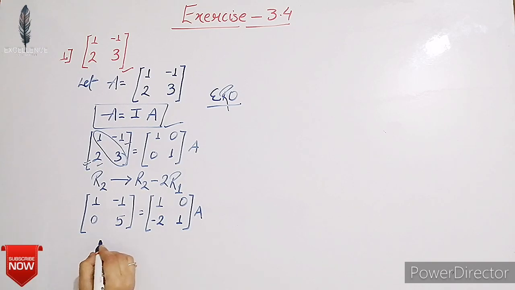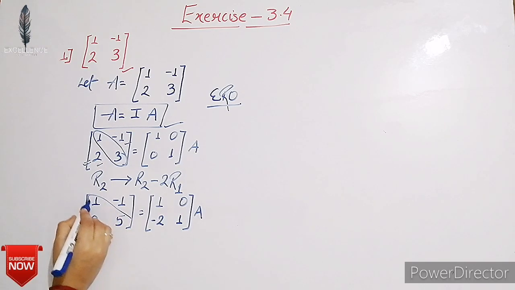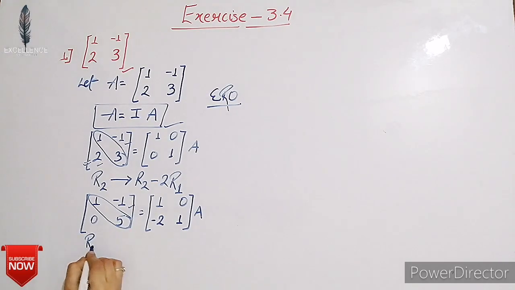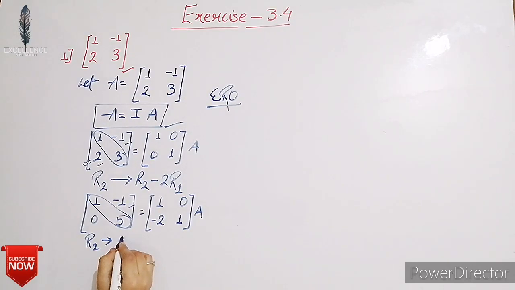Okay. Now, here the diagonal element is 1, 5. So, first 5 को easy कर लेते हैं. Then R2 is changed to 1 by 5 R2. Okay.